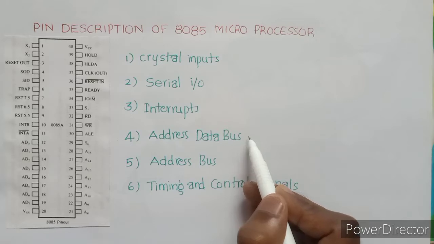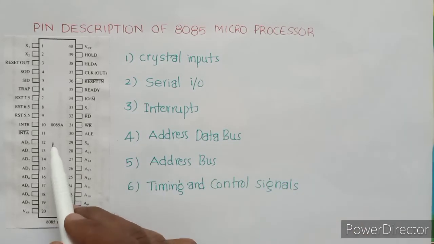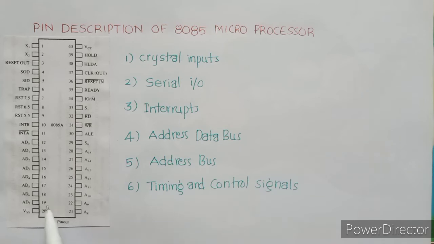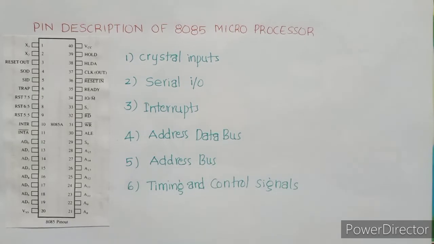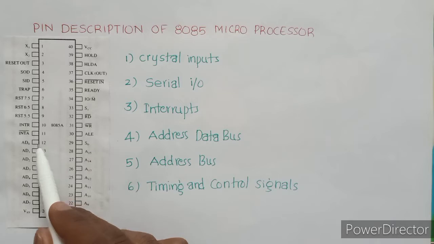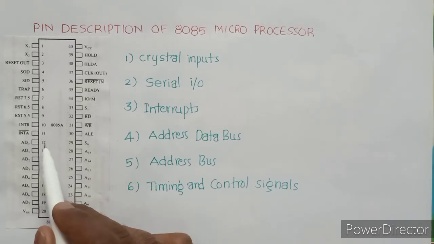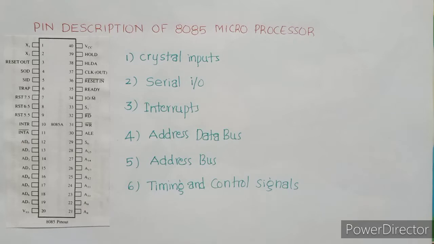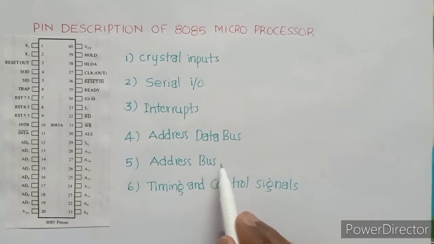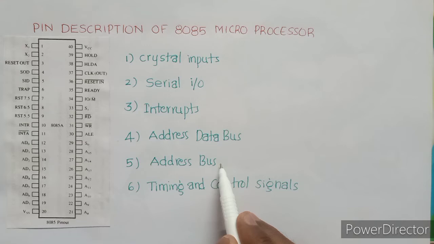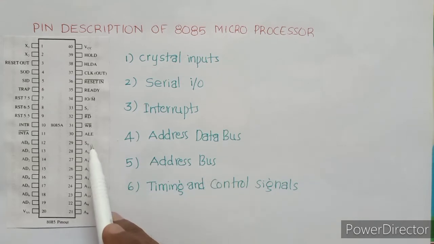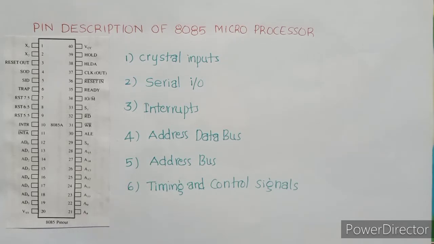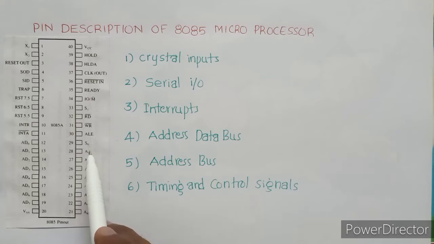And the fourth zone is the address and data bus. 12th pin to 19th pin, multiplexed address and data. Next, the fifth zone is the address bus, the 21st pin to 28th pin.